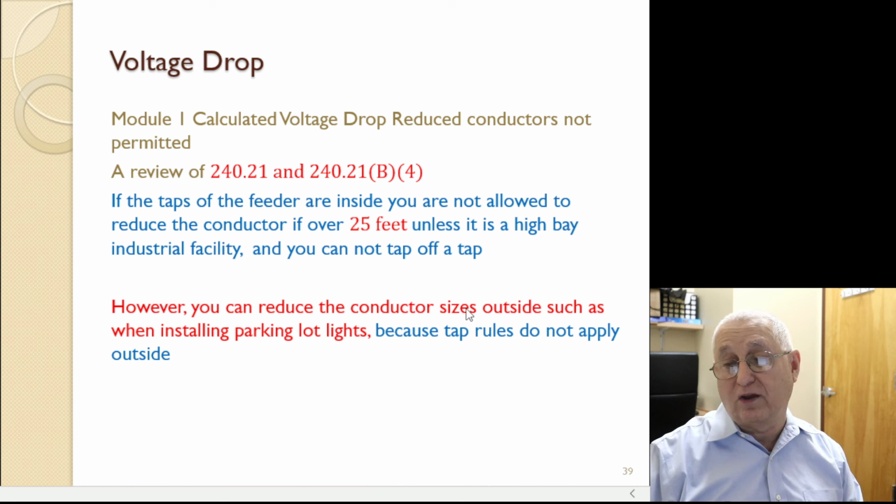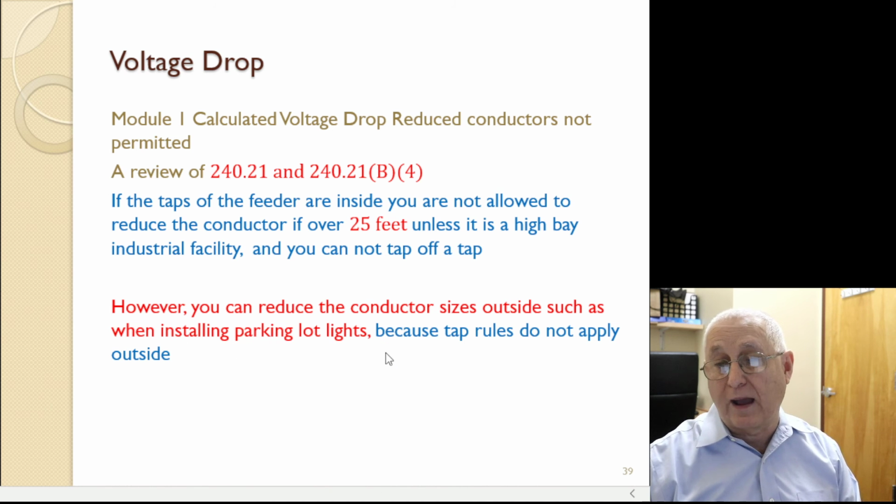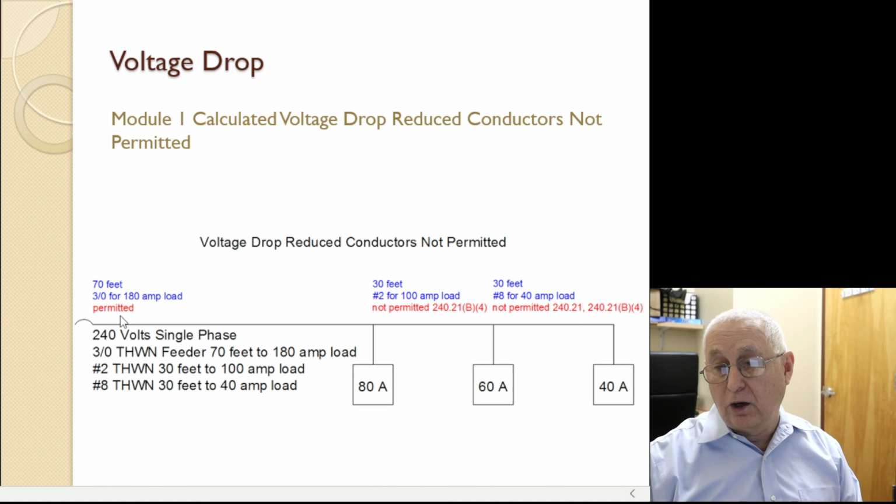However, you can reduce the conductor sizes outside, such as when installing parking lot lights, because tap rules do not apply outside.